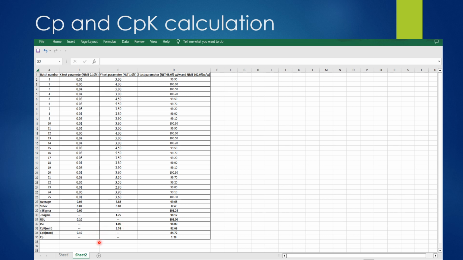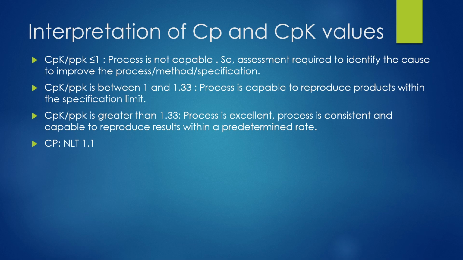Based upon the results, the CpK limits and the Cp limits, there is some interpretation, and these values have some importance as well. Let us see the importance of them. Interpretation of Cp and CpK values.